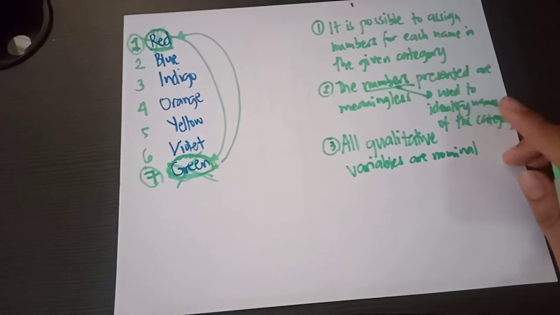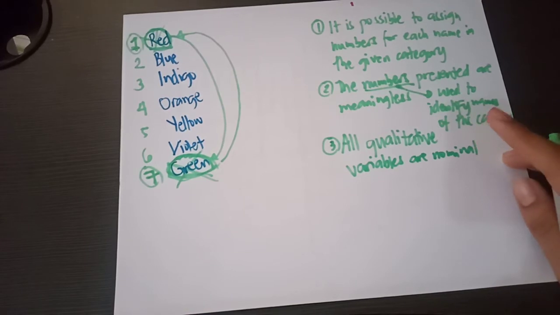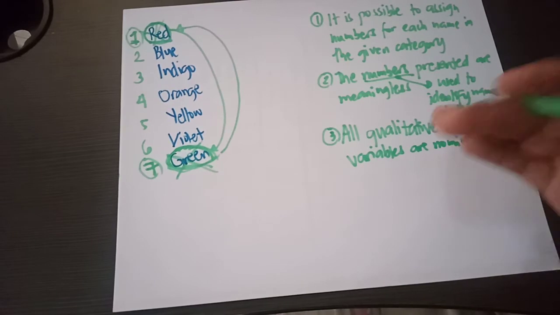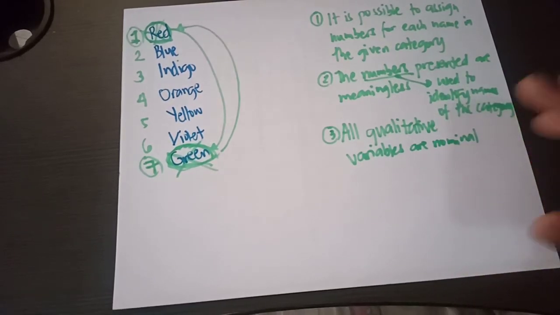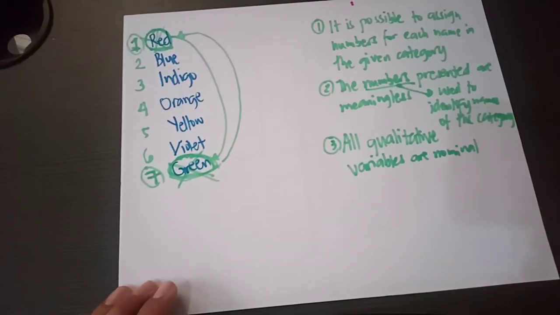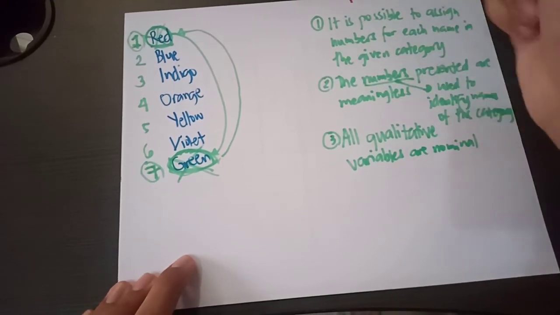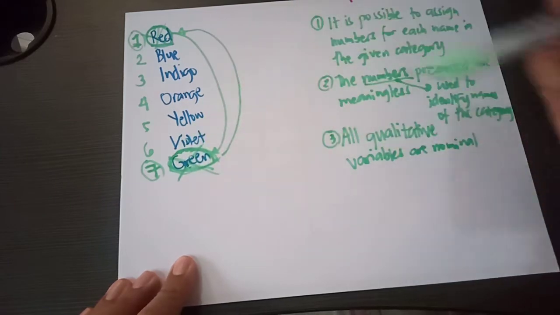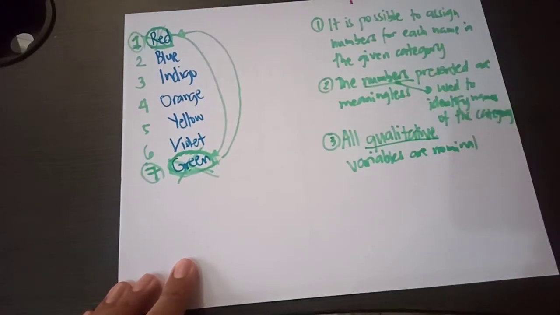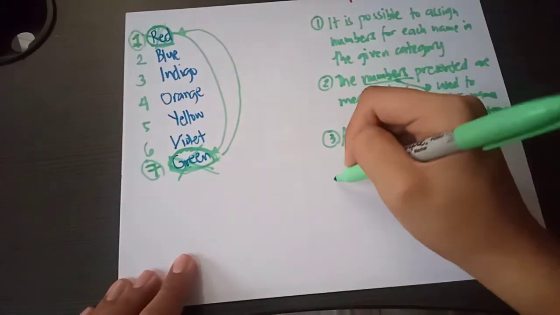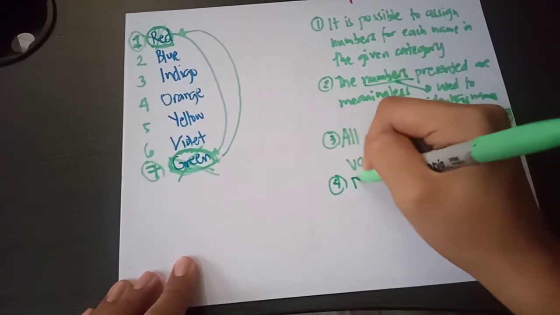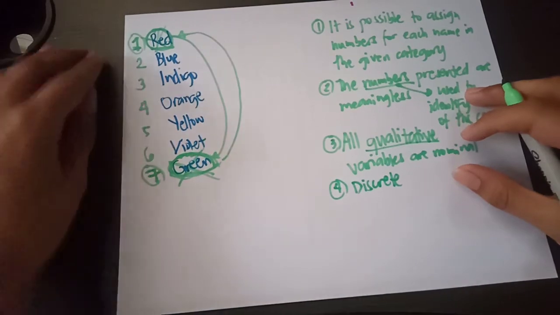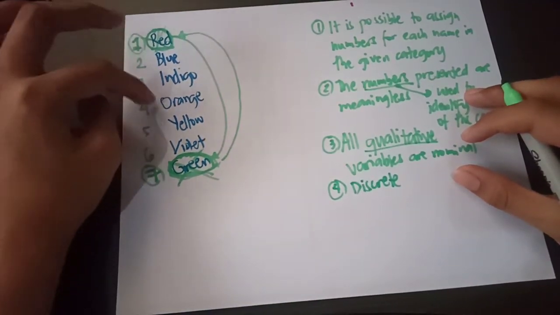And what are qualitative variables once more? They are the characteristics that can be determined through observations and are expressed through words or statements. Hence, they are not measurable. So if these variables under the nominal scale are qualitative variables and not measurable, they are also discrete variables, because we can only count them like this: 1, 2, 3, 4, 5, 6, 7.